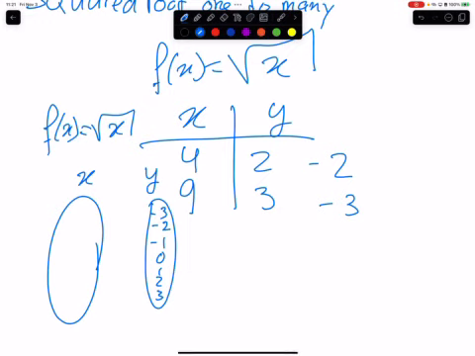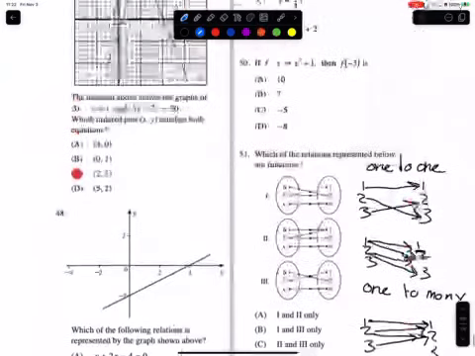And if I have 4, 9, oops, it looks like this. Yes, 1 to many. That's the square root. So you have to look at the equation and look, okay, I have 3 possible answers.